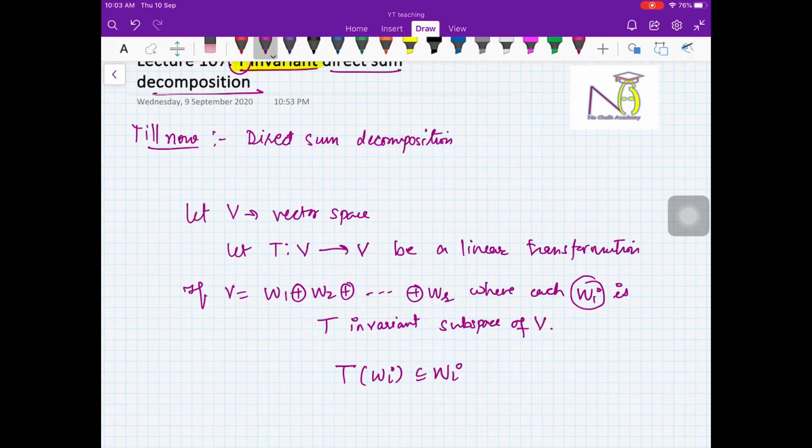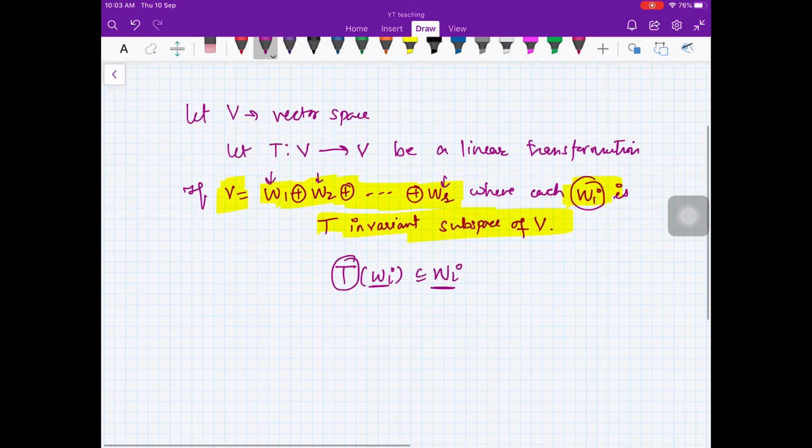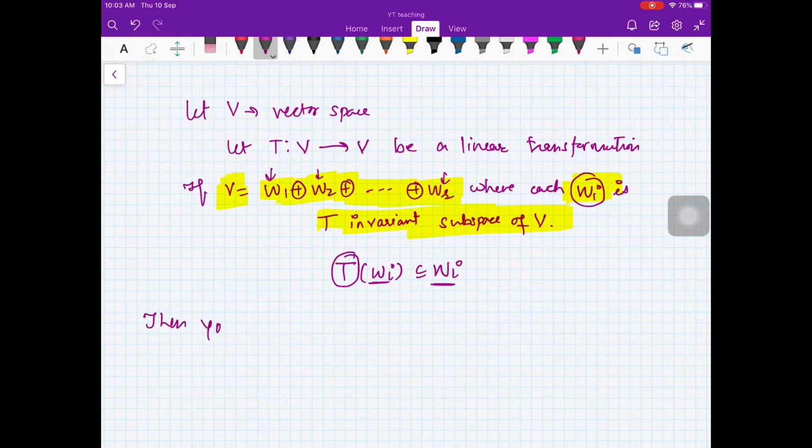So it means that Wi is mapped to itself under T. This is what we mean by saying that Wi is a T invariant subspace of V. So when you can write your vector space as W1 direct sum W2 direct sum up to WR, where each of them is a T invariant subspace of V, then we say that V is having a T invariant direct sum decomposition.